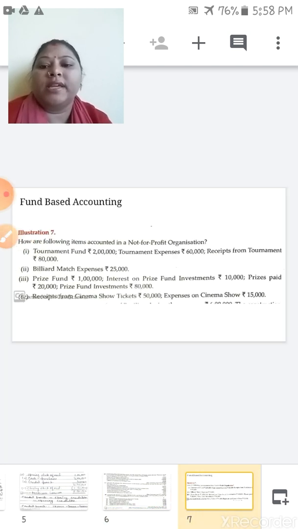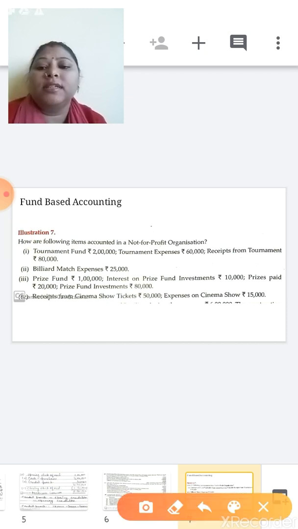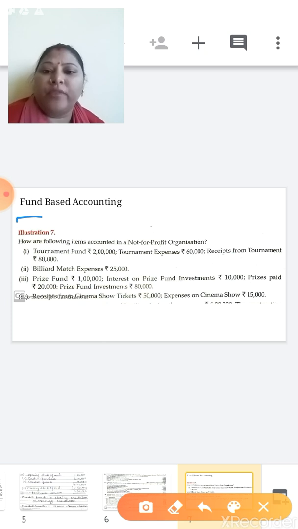Now the next topic is fund based accounting. What is a fund? Do you know about a fund? A fund means an amount received by an organization for a specific purpose, like tournament fund, prize fund, match fund, any fund.